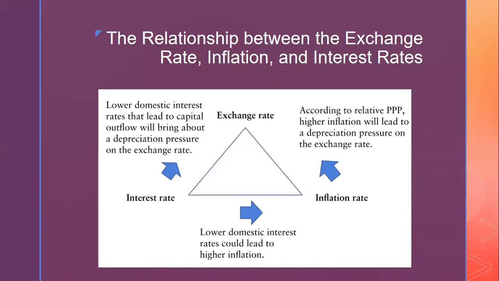But when they reduce the domestic interest rate, if you can remember our one theory, uncovered interest parity, there they suggest that the domestic interest rate and the foreign interest rate, if there is a difference between these two, that differential will be compared with the expected depreciation of the foreign exchange.